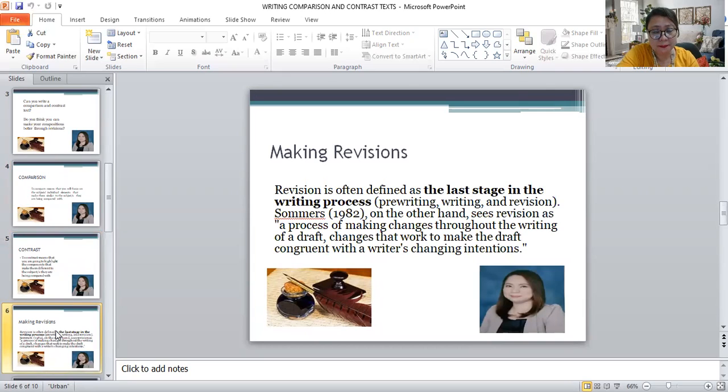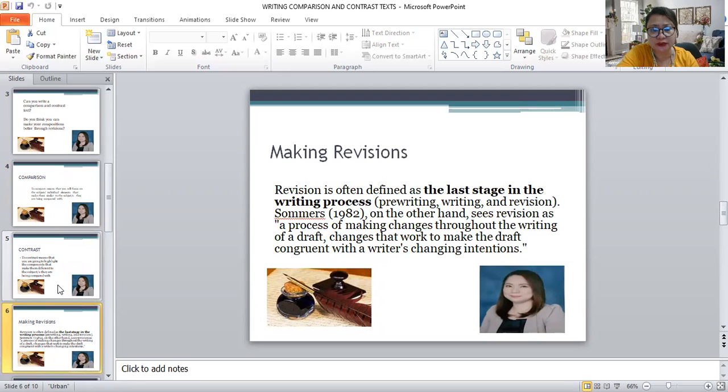In the composition, there will be a need for you also to make a revision. Revision is often defined as the last stage in the writing process: pre-writing, writing, and revision.